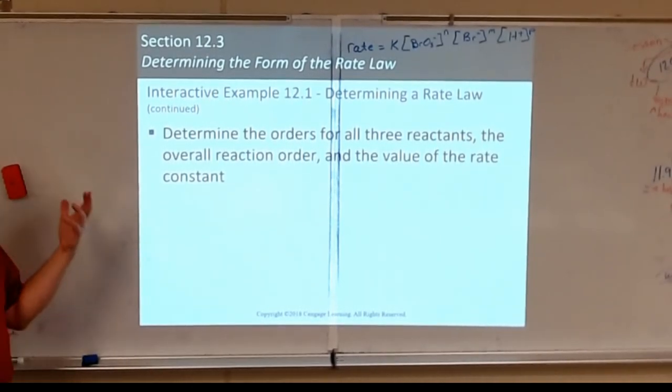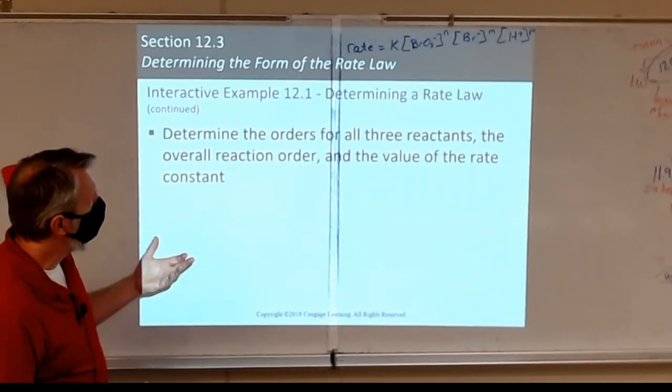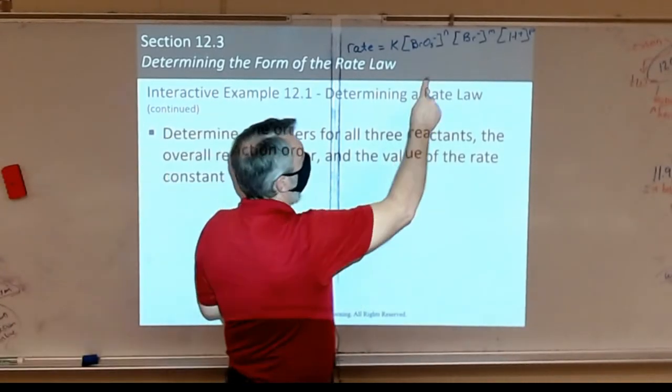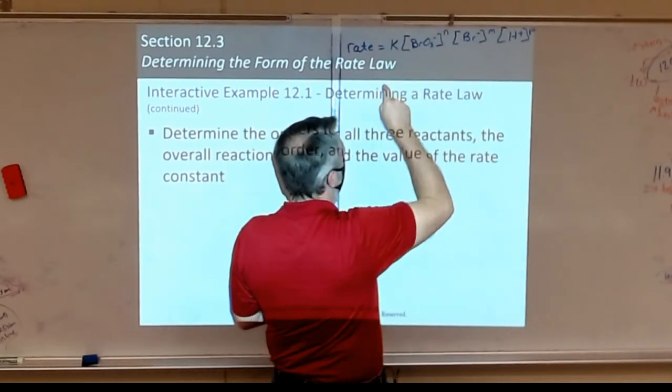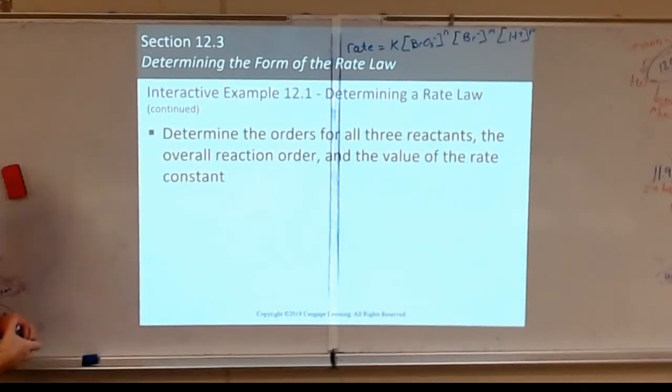That's our generalized equation. Now what I've asked you to do is solve all of these and solve for k. Four things to do, four little bits of baby math.